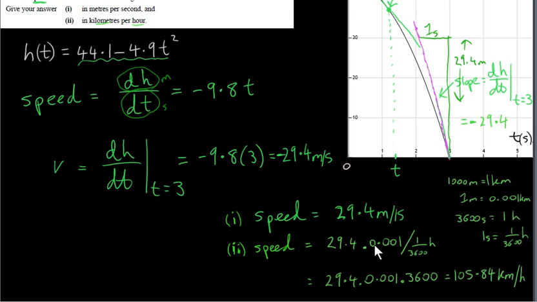Or if you like, you could multiply above and below by 3,600. Multiply underneath, under this line, by 3,600. It'll cancel the 3,600s. And then you have to multiply above by 3,600. So you need to multiply these three numbers together. That's what I've done here. You get 105.84, and your answer will come out to be kilometers over hours, kilometers per hour.